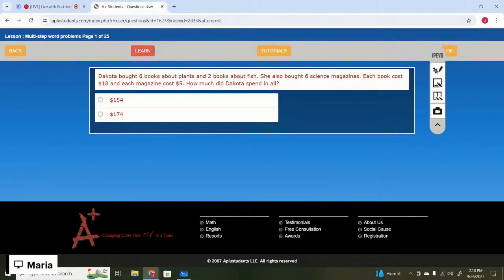Dakota bought 6 books about plants and 2 books about fish. She bought 6 science magazines. Each book costs $18 and each magazine costs $5. How much did Dakota spend in all?